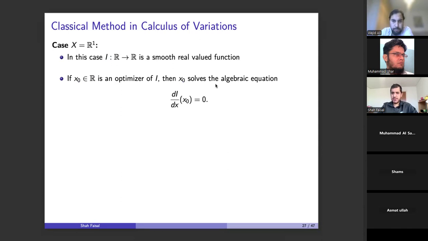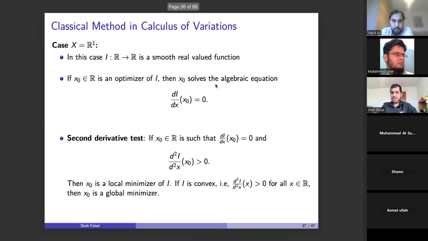Compute the stationary points. And then you have the second derivative test. Once you compute the stationary points, you check whether they are a local maximizer or a local minimizer. You compute the second derivative, and if the second derivative at that point is strictly positive, that means it's a local minimizer.